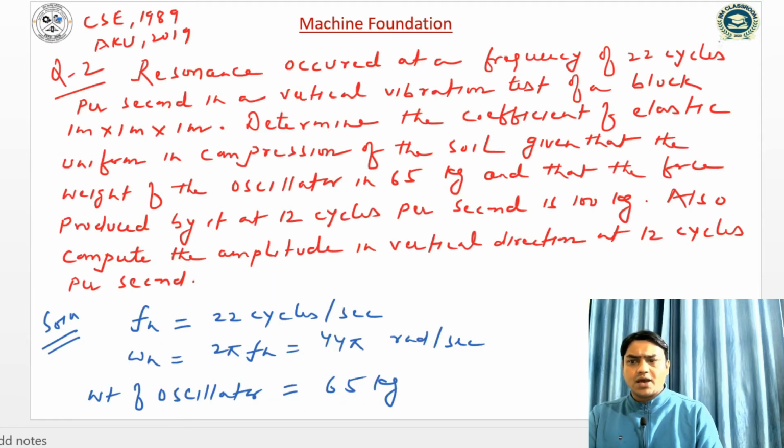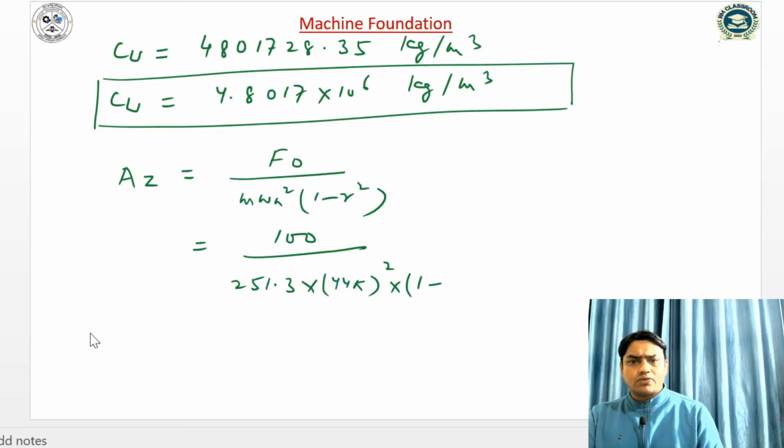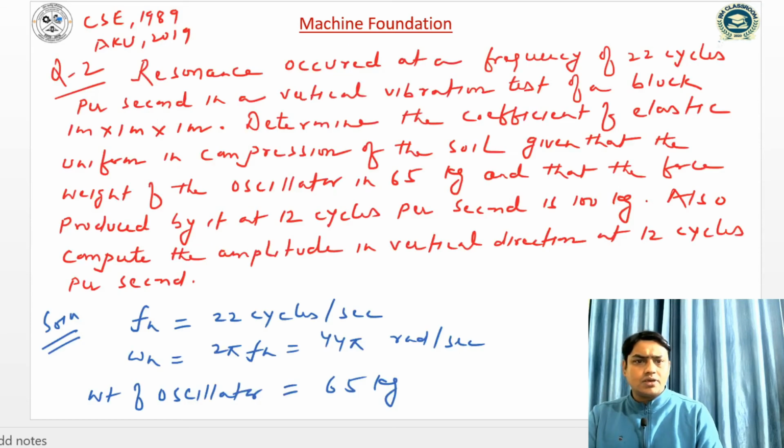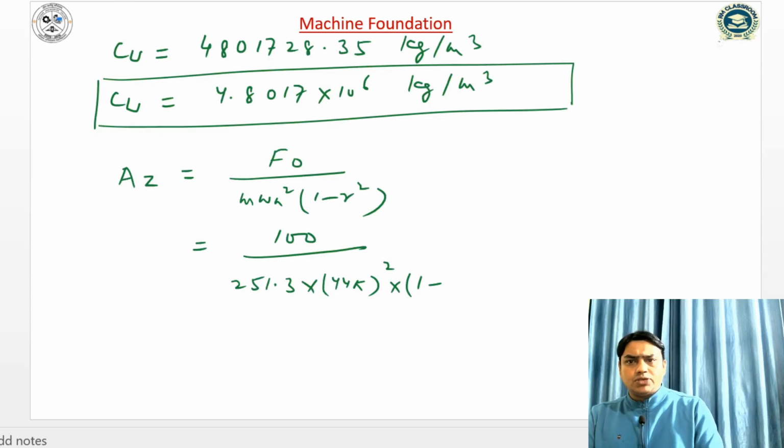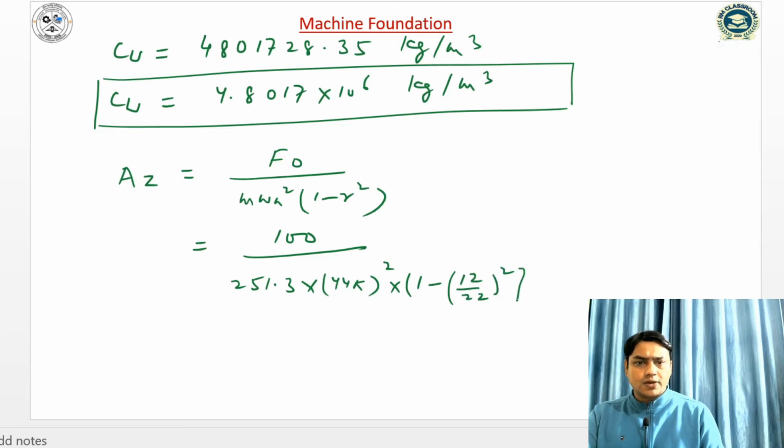The value of r: firstly we have to find the frequency ratio r. So the frequency ratio can be computed as 12 by 20, so 12 by 20 whole square.